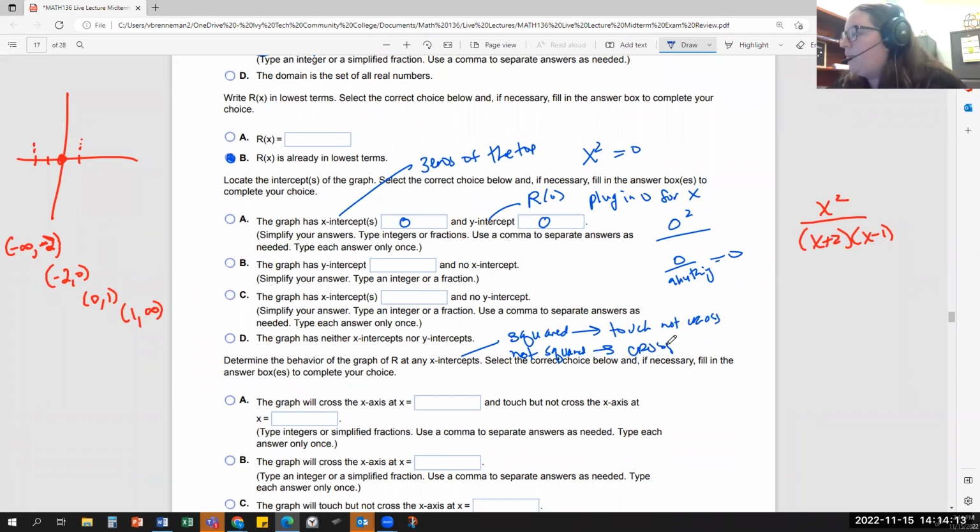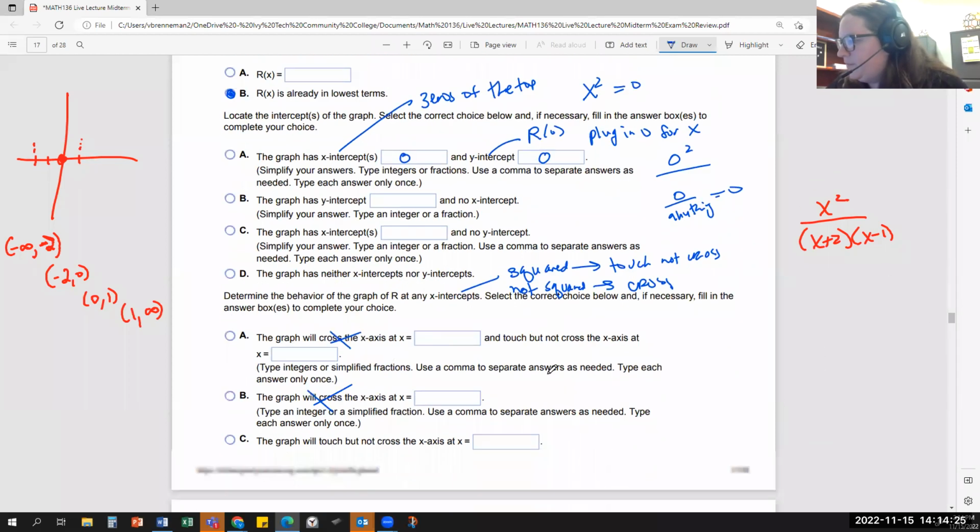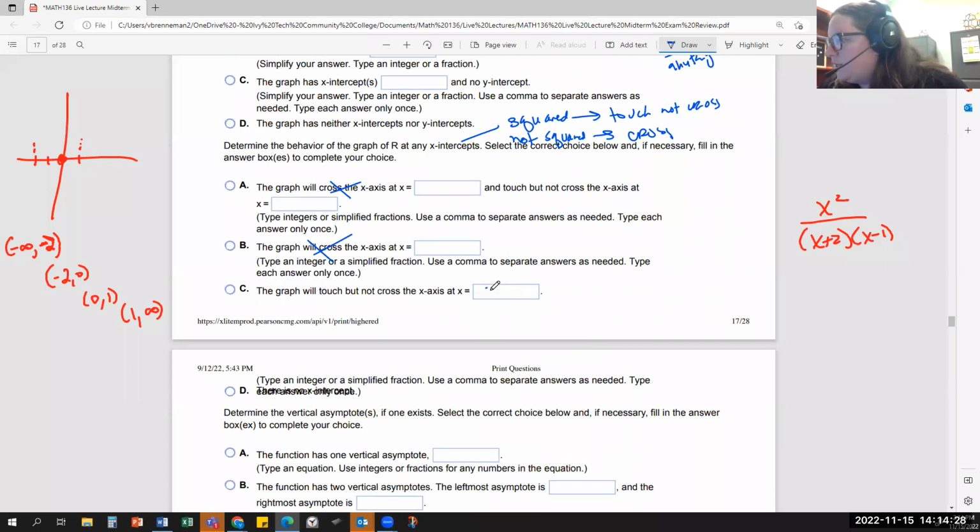In this case, we had the x squared, so it's going to touch but not cross at x equals 0. Going back, that tells me at 0 it's going to be the same on both sides. It's either positive on both sides, above the x-axis, or below the x-axis on both sides of that x-intercept.